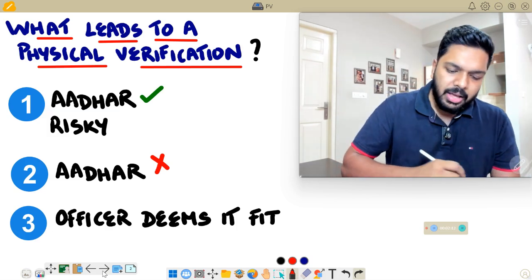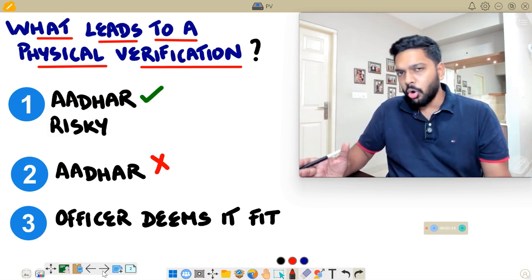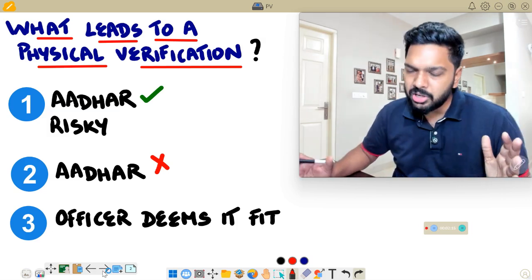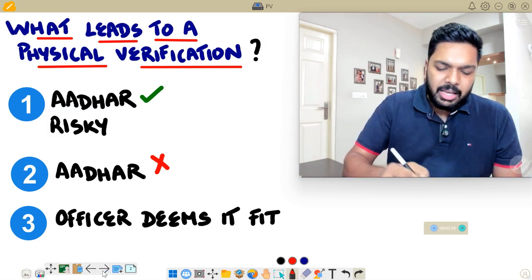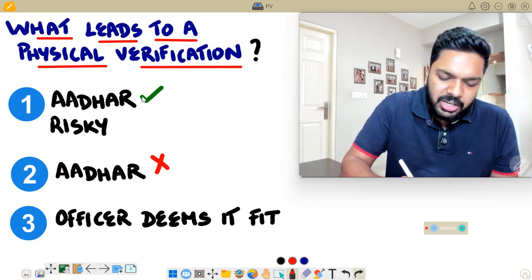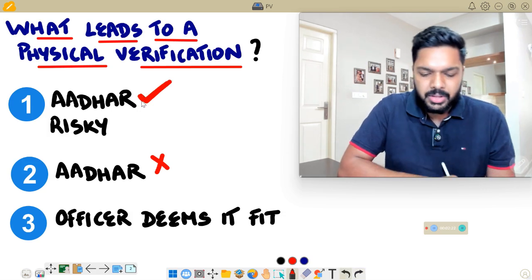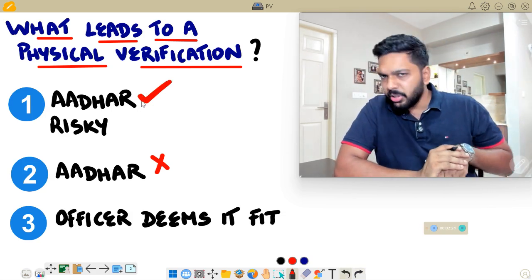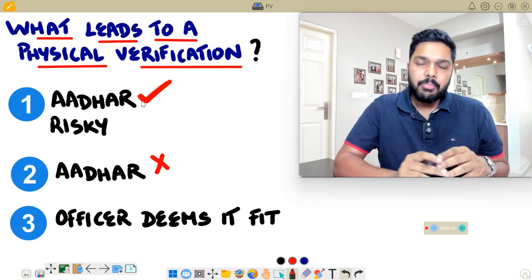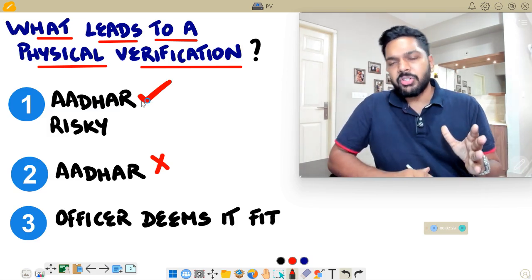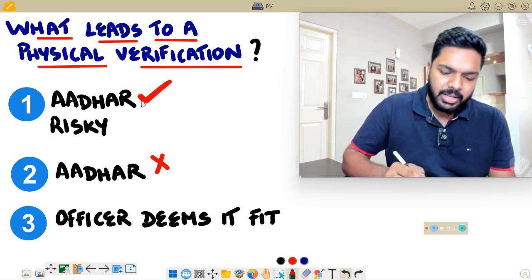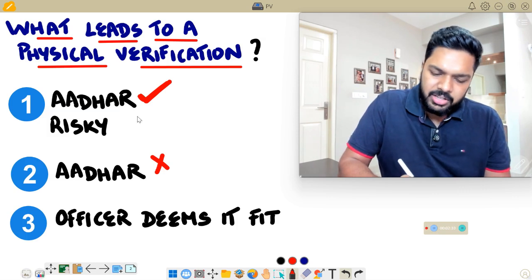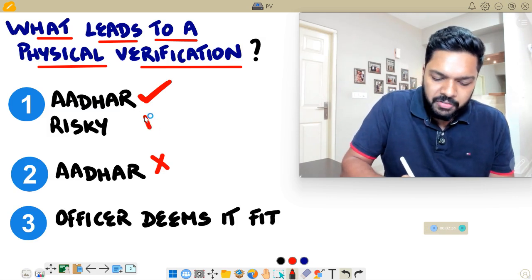Well, at the final page of your online GST registration application in form REG-01, even if your Aadhaar authentication is successful, you will get to submit your REG-01, but since your profile on the GST portal is said to be risky, your final GST registration application will be subject to a physical verification.